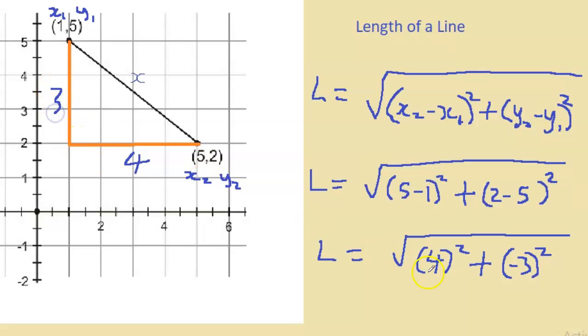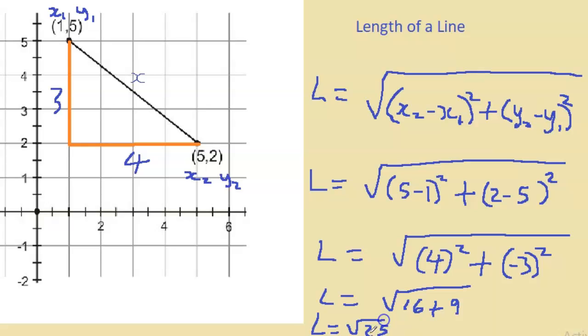You notice it's still Pythagoras theorem we're using, because if you square both sides, L squared equals 4 squared plus 3 squared. So L is the square root of 16 plus 9. And what's 16 plus 9? 25. So L is the square root of 25.